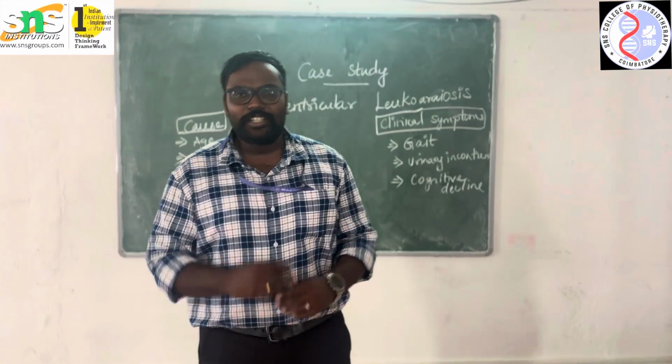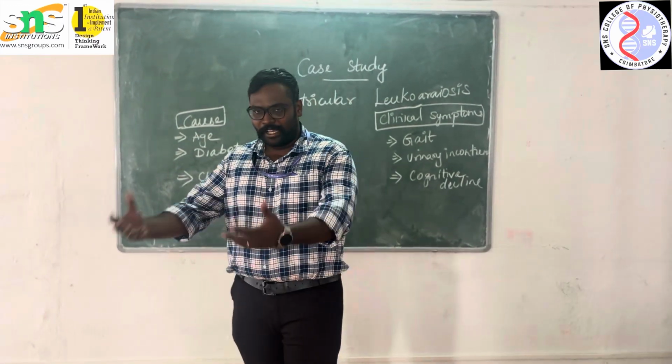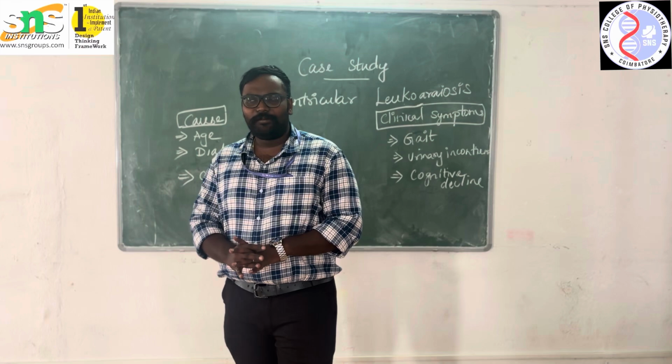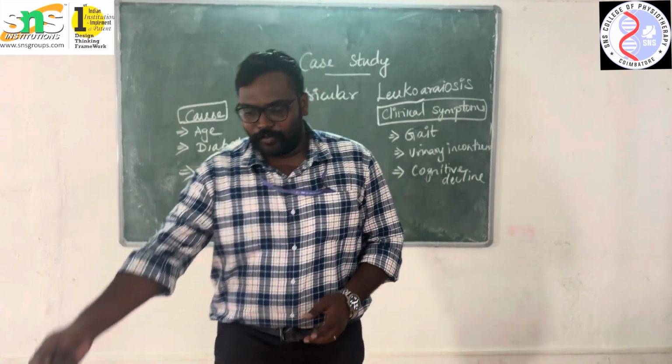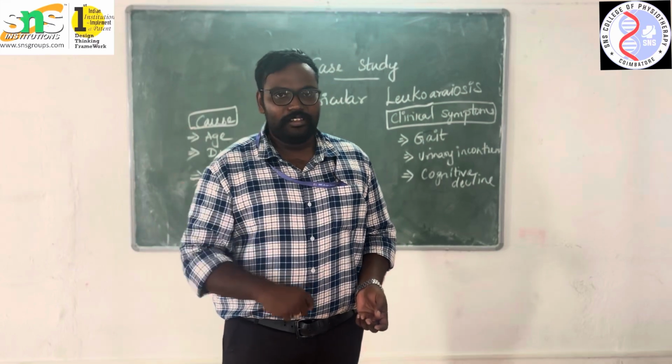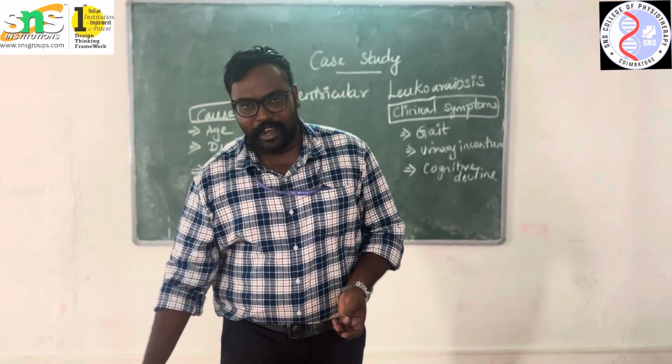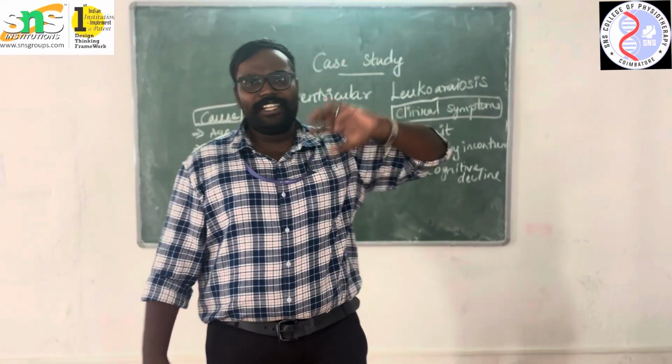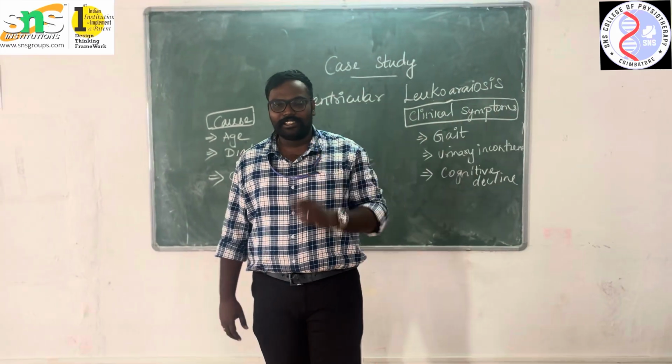Gross motor is handling big things, like taking a vessel from one place to another, carrying a bottle of water and keeping it from down to up. These types of things are gross motor skills.